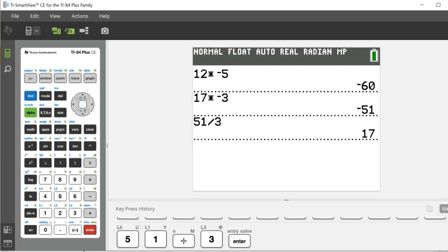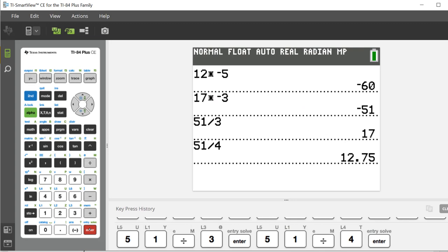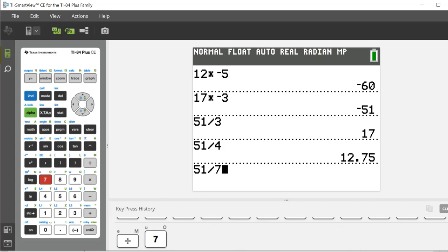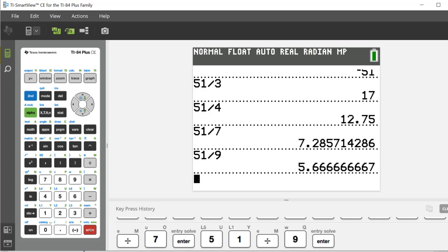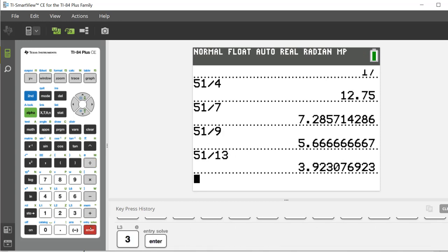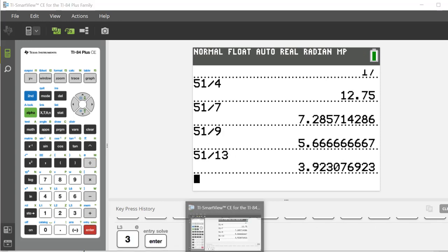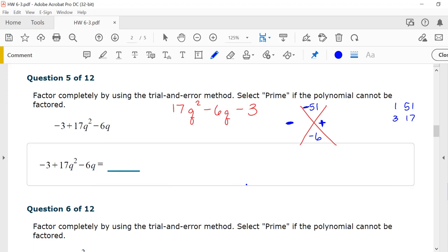Is it divisible by 4? Nope. Not divisible by 5 or 6. How about by 7? Nope. Won't be divisible by 8. How about by 9? Nope. 11 won't. 12 won't. How about 13? Nope. That's it.